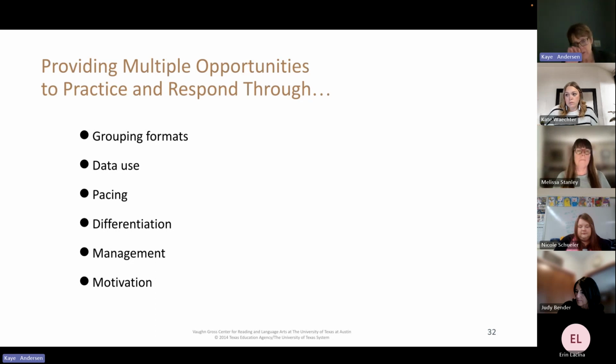We're constantly using the data to either form those groups or decide how quickly we're going to move, how many problems we need to do, what pace we need to move at. All of those decisions that we're making allow us to differentiate that instruction. We can consider it part of our management in the classroom. We can consider it management of the time that we have.